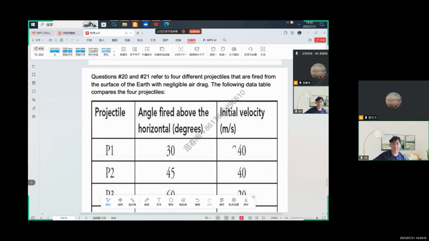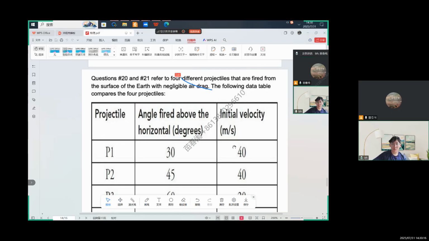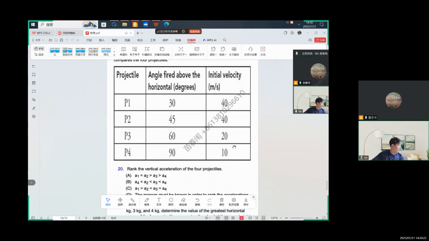Okay, question 20 to 21. Projectiles, no air drag. We got projectile 1, projectile 2, projectile 3, projectile 4.